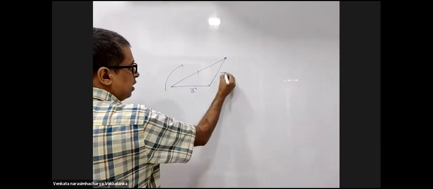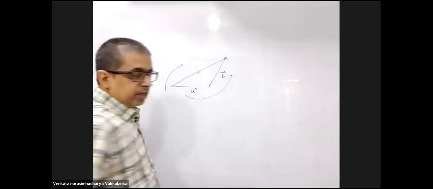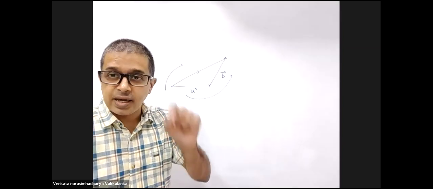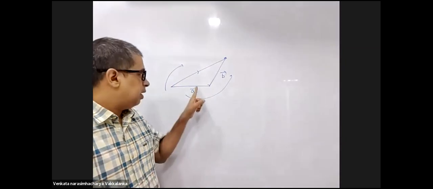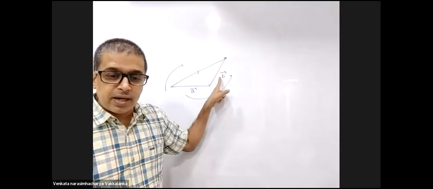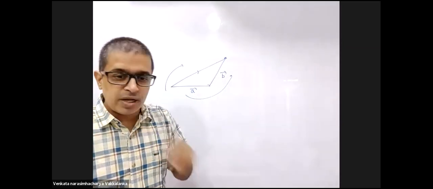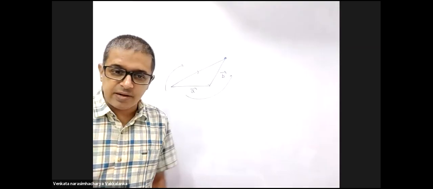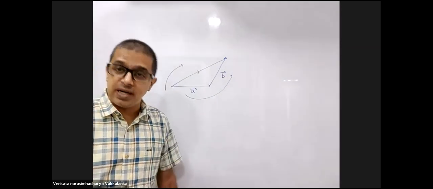If this is A and B, if two vectors are represented as two sides of a triangle taken in one order, third side of the triangle taken in the reverse order is the resultant.